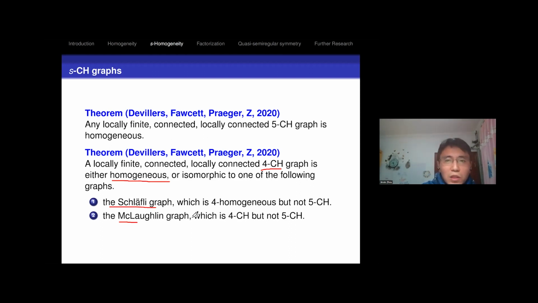In the same paper we also have some results about locally disconnected 4-CH graphs, but this still needs further research. This is some result for the 4-CH graph.